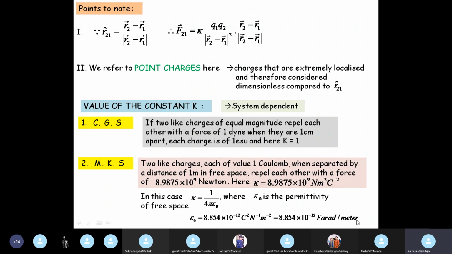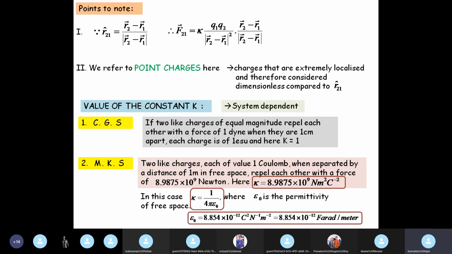So when you will be doing sums related to Coulomb's law, you need to keep in mind these three quantities. Okay, so the value of kappa: if it is in CGS system, well and good, you just take kappa equal to 1. If it is in MKS unit, then you have to remember that the value is usually given in the problem, but it is better to remember these certain values.